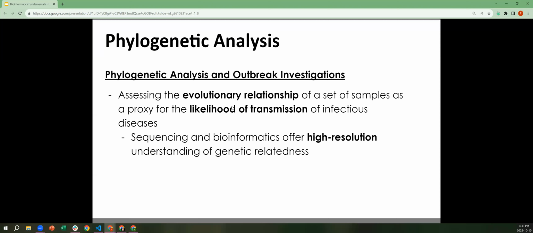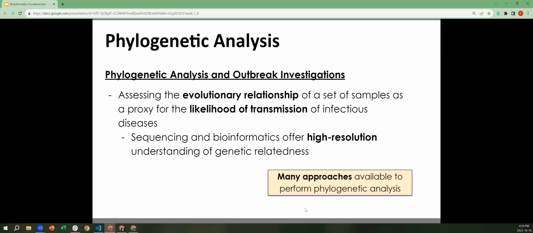So while we're using the evolutionary relationship as a proxy for the likelihood of transmission events, it is an imperfect science. We must take into consideration many factors when defining that threshold of a likely transmission. And again, many approaches have been developed to perform this.